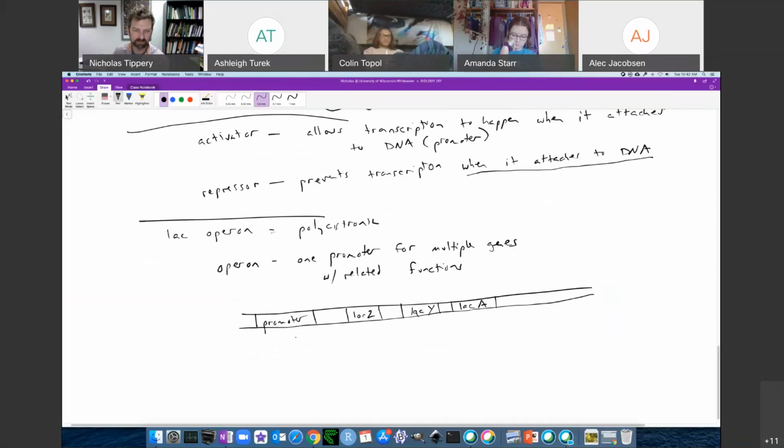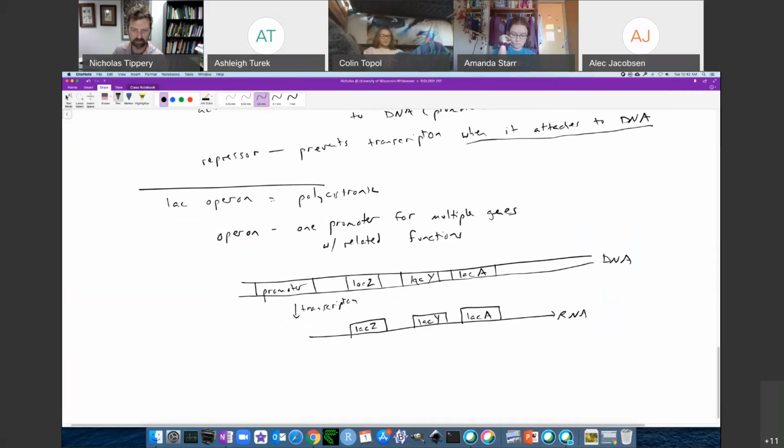Transcription happens, then you would get the RNA molecule from the DNA starting point, and that RNA molecule contains the LacZ RNA, the LacY RNA, the LacA RNA.